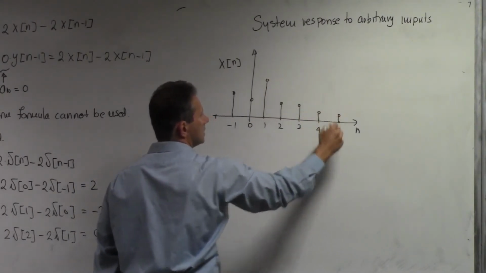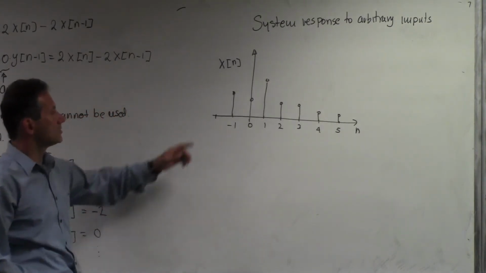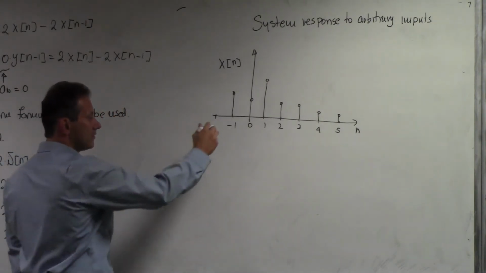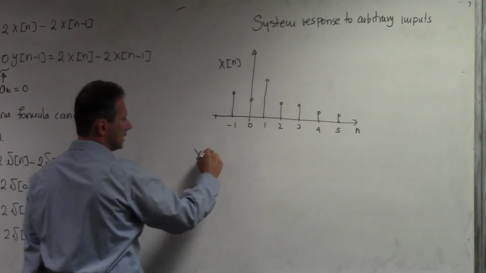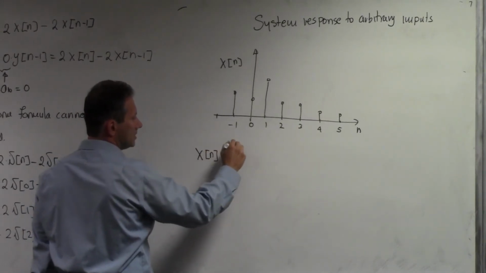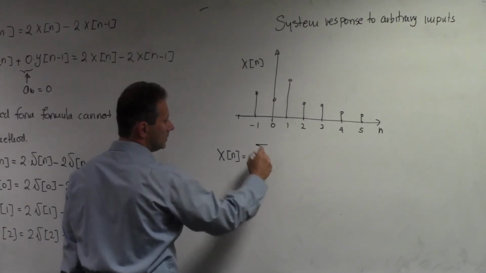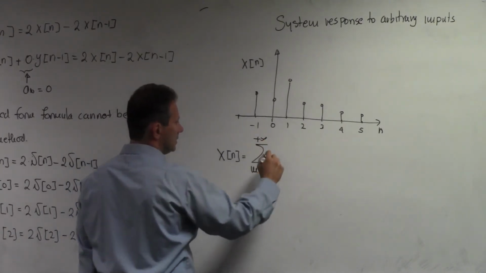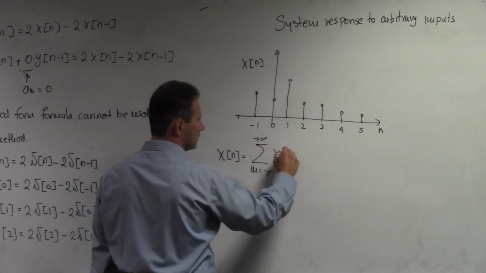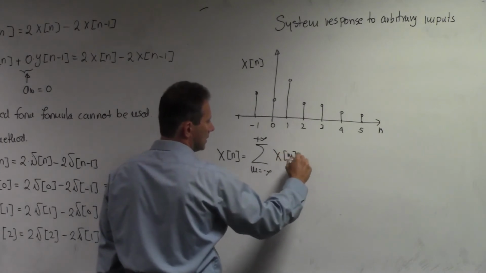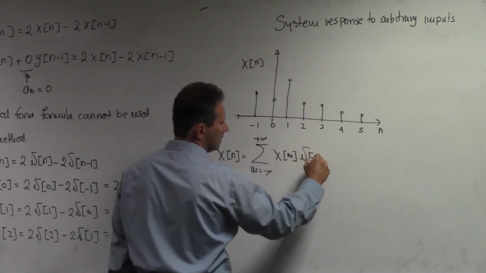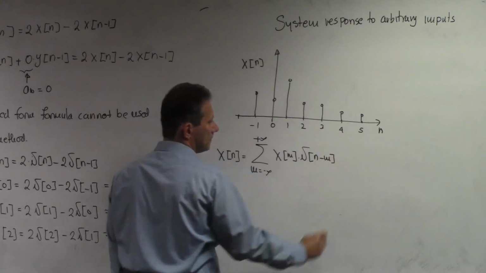I can see this as a signal x of n. Or I can straight from this graph here write that x of n is going to be sum when m goes from minus infinity to plus infinity, x of m times delta n minus m, right?